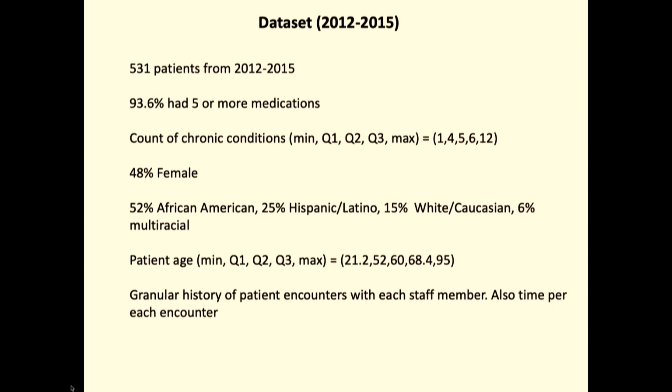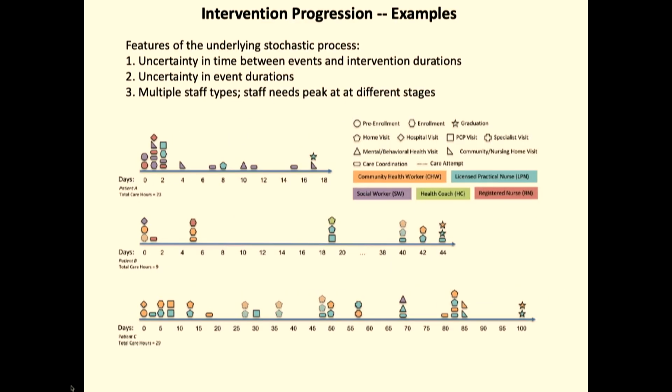So this is the data set, and I think it has several features. You can see that the median chronic conditions is about 5. This is the racial mix of the population. We also have very detailed history of patient encounters with each staff member. To show you something more on that, here are examples of 3 patients who started their intervention on day 0.